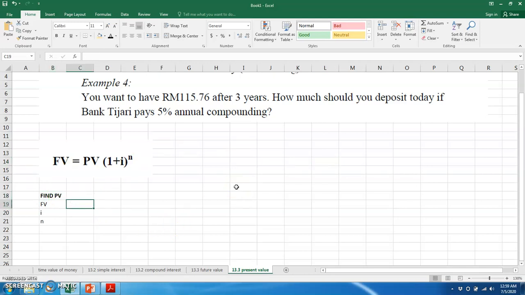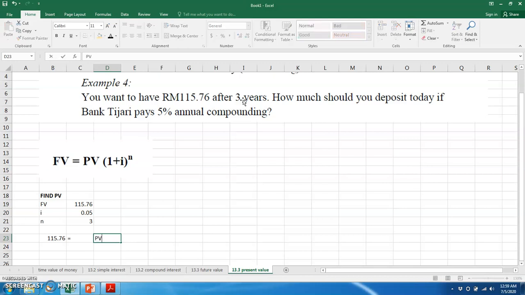Future value is 115.76, interest rate is 5%, and n is 3 years. Now you want to calculate the present value.